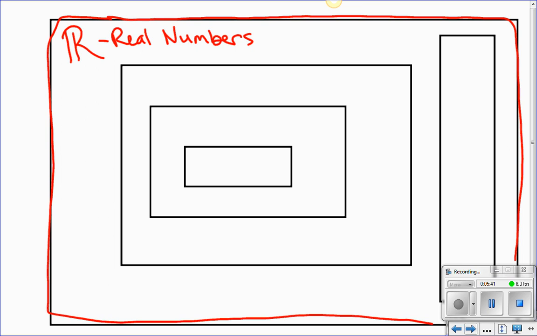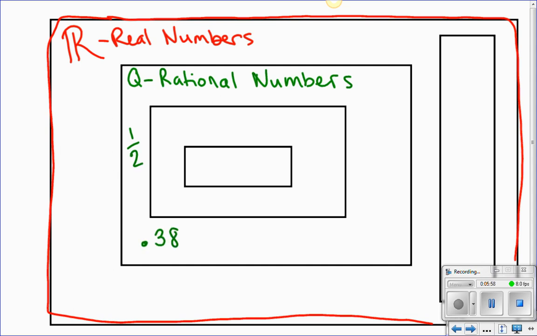The majority of those will be rational numbers. So again, that's anything that can be written as a fraction. So a decimal that ends, decimals that repeat.